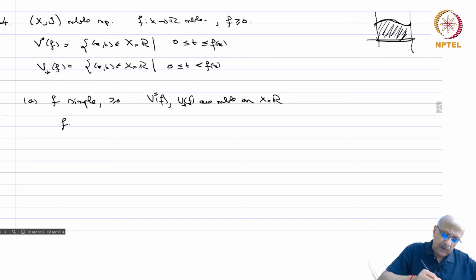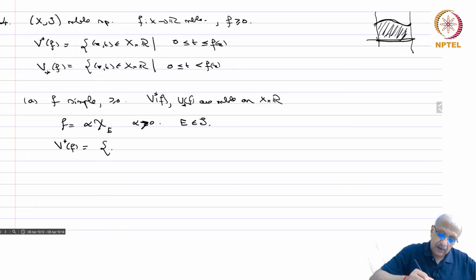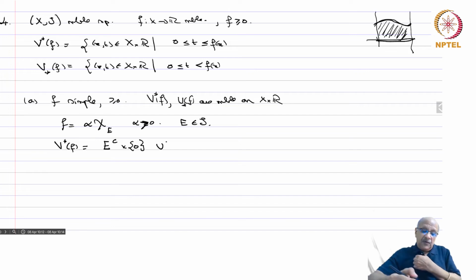So let us take f equals alpha times chi of E, where alpha is strictly positive, because if it's 0, it's a zero function and there's nothing for you to do, and E belongs to S. So then V^* f is nothing but E complement cross singleton 0, union, because if you take E complement, f is 0 and therefore t will also have to be forcibly 0.